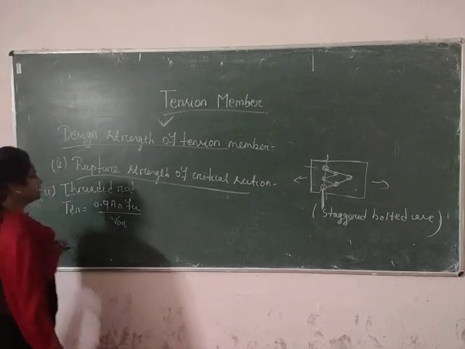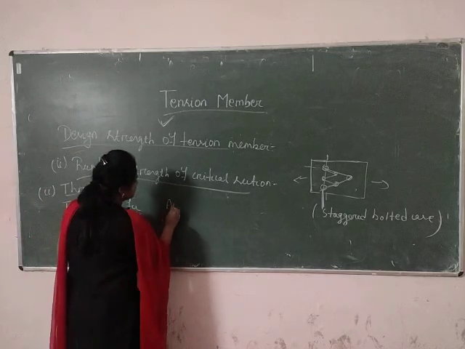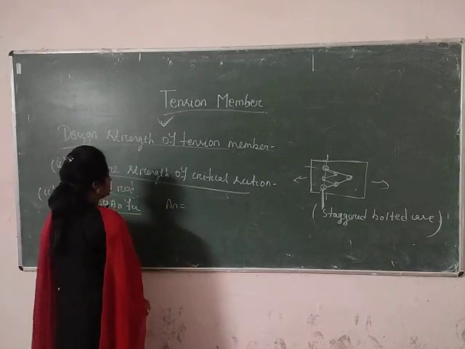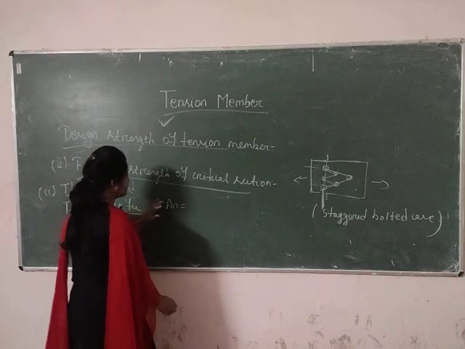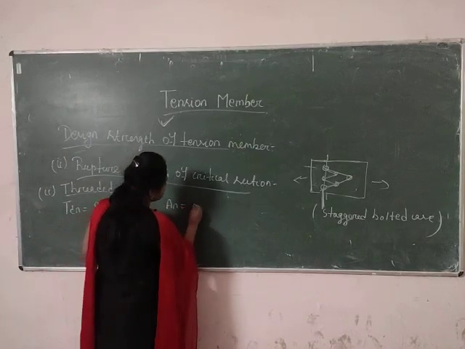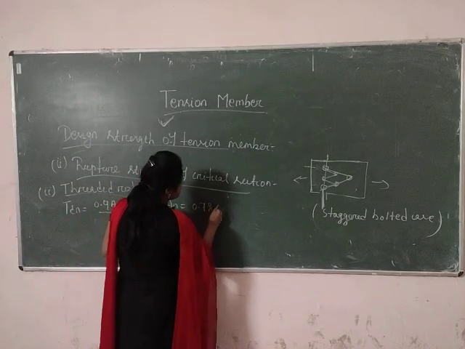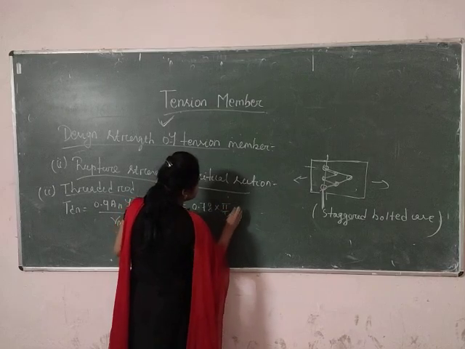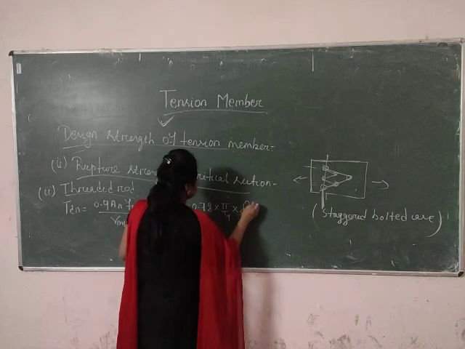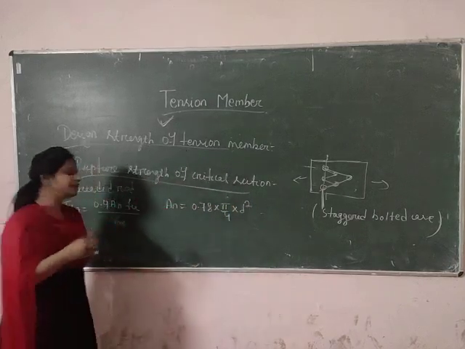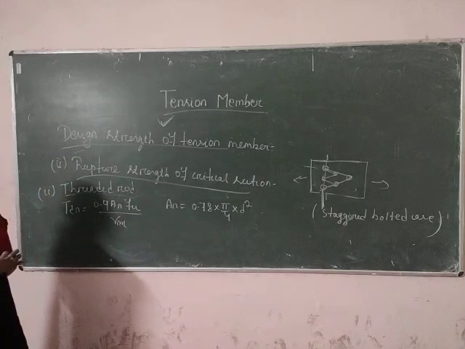Okay, and here An is the net area, which can be calculated by 0.78 into pi by 4 into d square. This area is the net area at the threaded portion.